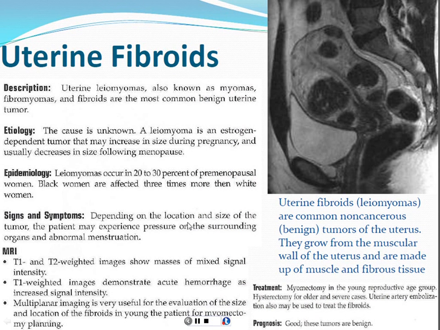But unfortunately, the tissue of these fibroids is dense and the ultrasound doesn't penetrate them very well. So sometimes it's really hard to determine the relationship of the fibroid to, say, the endometrium, which is here, or the serosa of the uterus, which is here. And that helps us figure out what's the best treatment strategy for this patient. So MRI is very useful for imaging these.